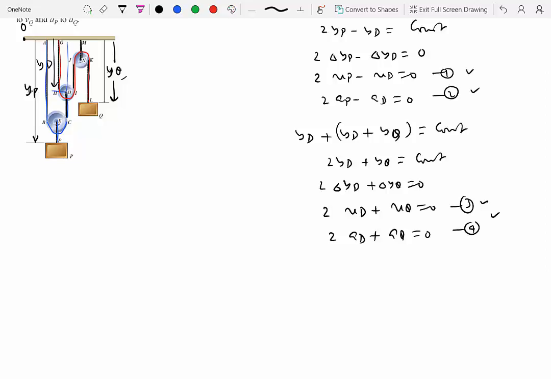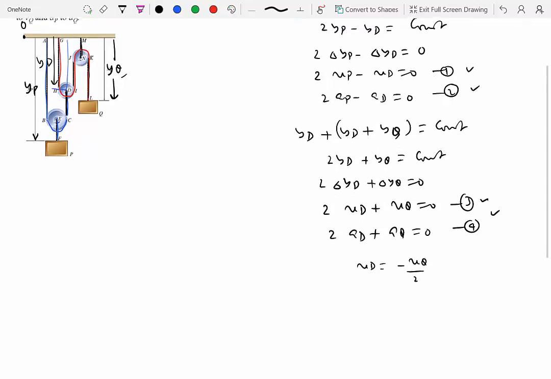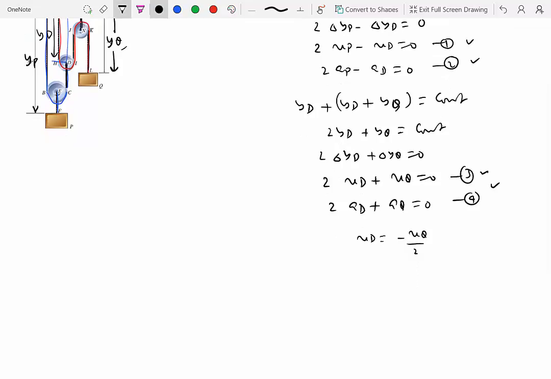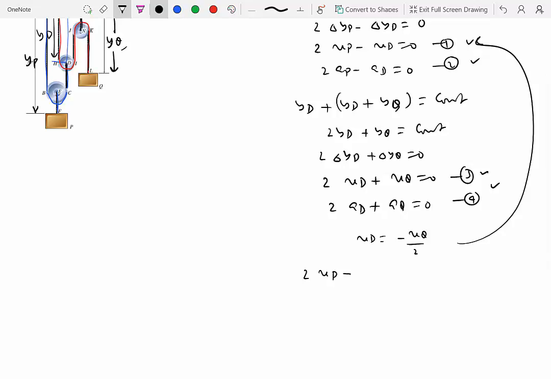So velocity of D from 3 is equal to minus VQ over 2. I'm going to substitute this into 1. What do I get? 2VP, minus times minus becomes plus VQ over 2. So I get 4VP plus VQ equal to 0.